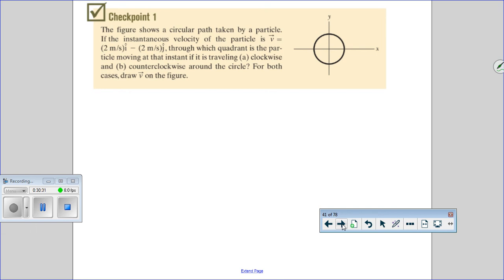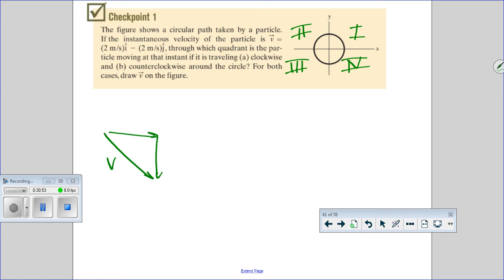So I need to find a point at which my velocity vector points along the tangent line. If we're going clockwise, that's this way. So which quadrant would this velocity correspond to? Quadrant 1, right? It would be happening right there.